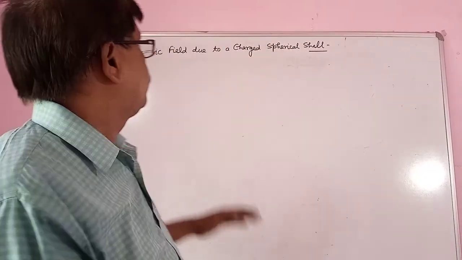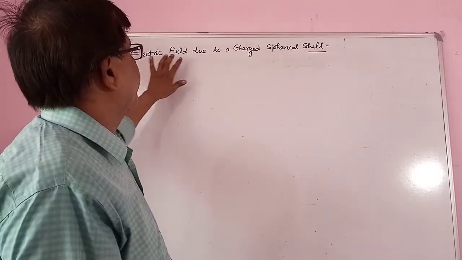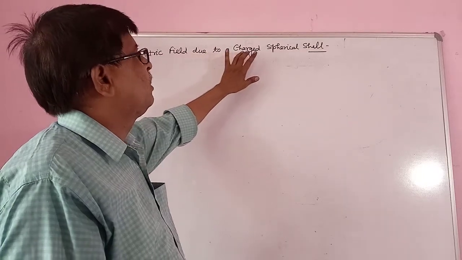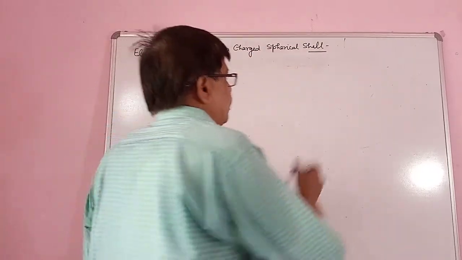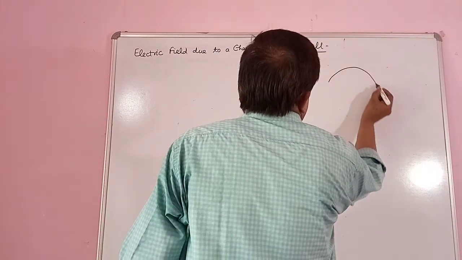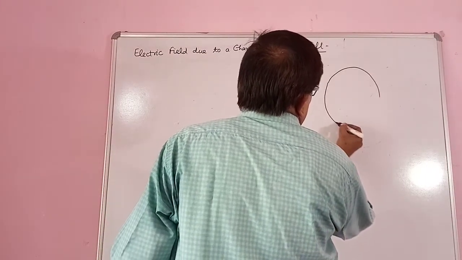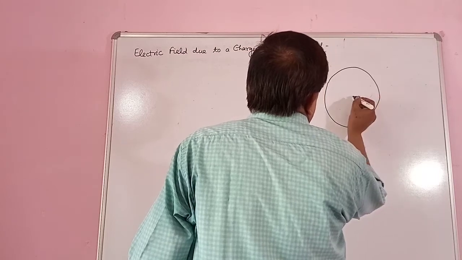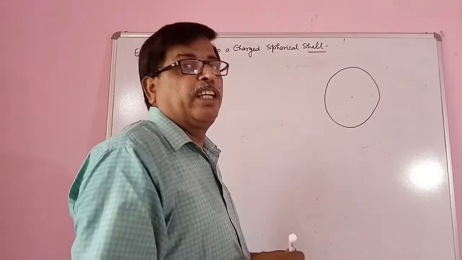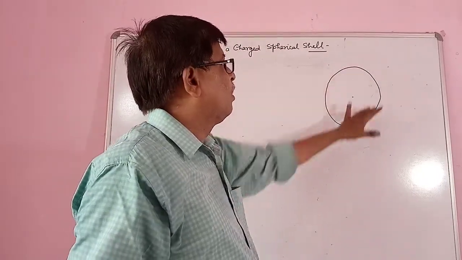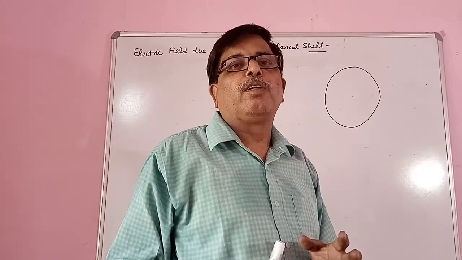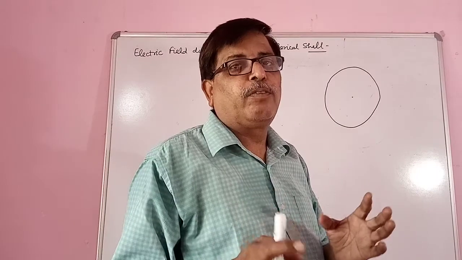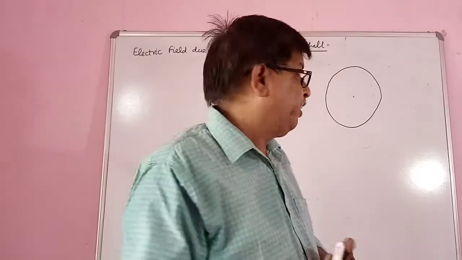So, students, today's topic is electric field due to a charged spherical shell. Means we have a spherical shell, and due to this spherical shell, we have to calculate the net electric field at a certain point.